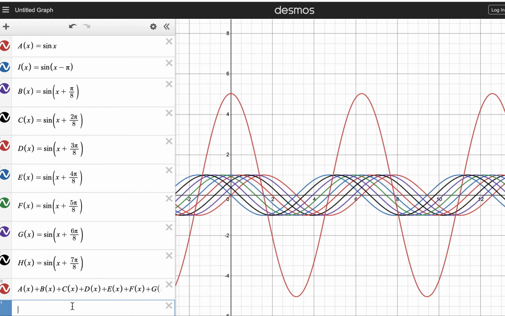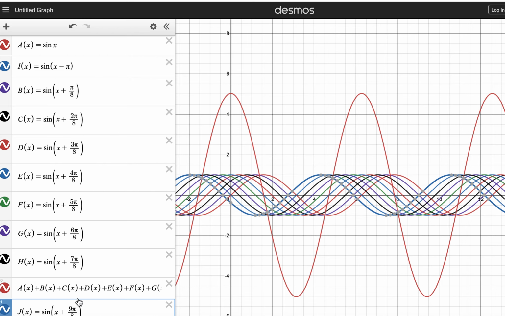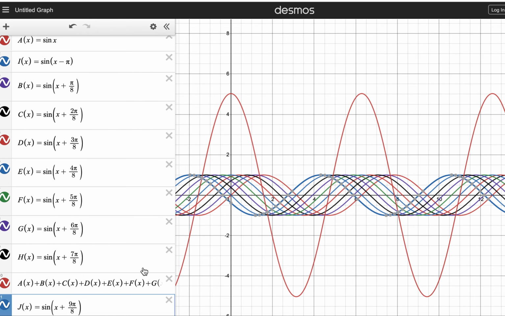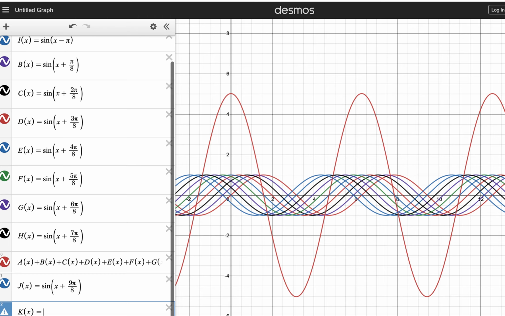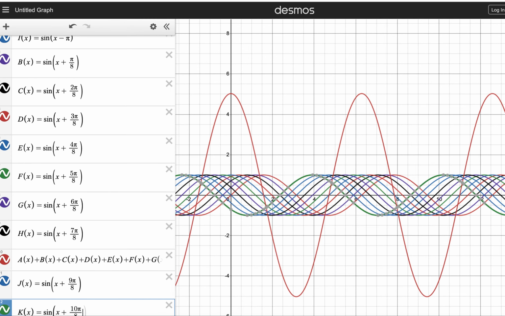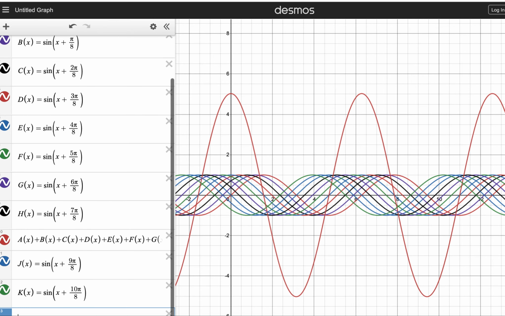So now what we have to do is just keep going. And just keep adding waves.